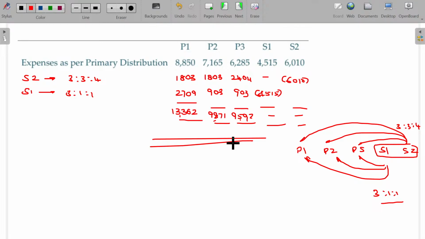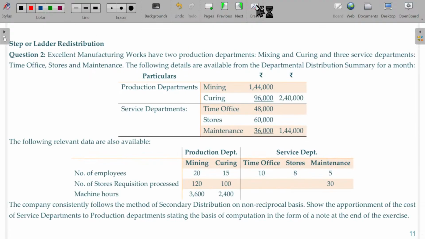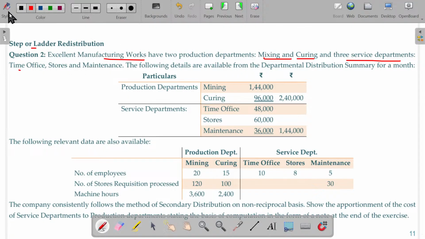Now, the next one: step or ladder distribution. Excellent Manufacturing Works have two production departments, mixing and curing, and three service departments, time office, stores and maintenance. The following details are available.